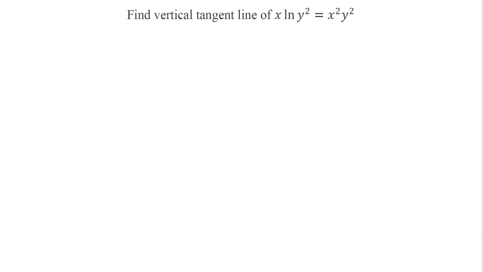All right, so we'll move on to our next one here. This is finding the vertical tangent line of x ln y squared equals x squared y squared. So we'll start off by taking the derivative using the product rule. It would be x times the derivative of natural log of y squared, which will be 1 over y squared, times the derivative of y squared, which will be 2y dy dx.